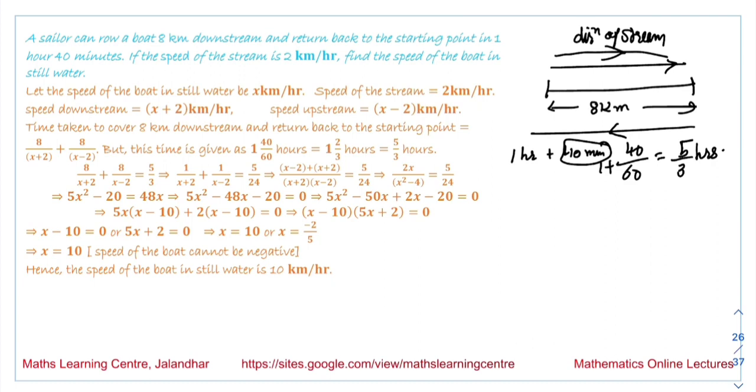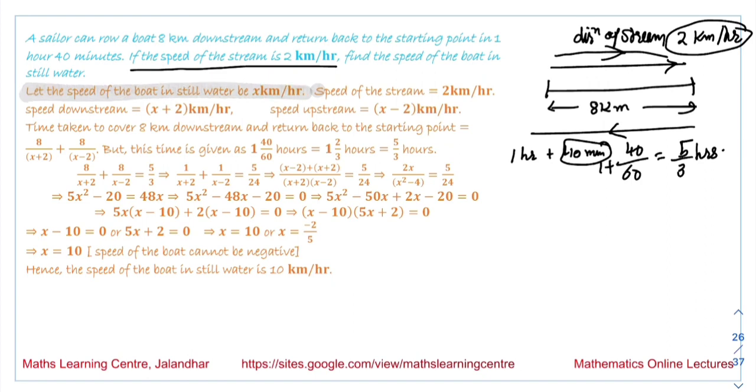Now, it is given that the speed of the stream is 2 km per hour. Suppose the speed of the boat in still water is x km per hour.